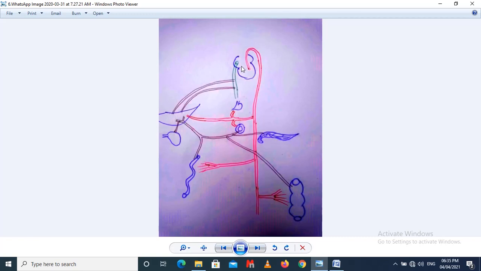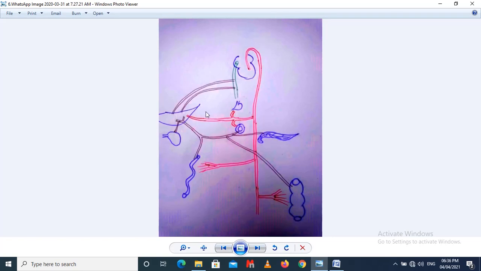But what is the difference with the hepatic portal circulation? In the hepatic portal circulation, we exclude the arterial circulation to the liver. This circulation of blood from the aorta directly to the liver is called arterial circulation to the liver. So if we exclude the arterial circulation to the liver, if we exclude what?